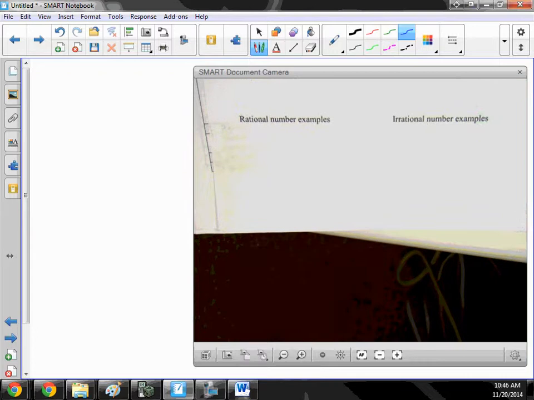All right, so come down here. What are some examples of rational numbers? I'll give you one. -2, rational. Can you think of any others? 1, 5, any integer. What about 3/5?